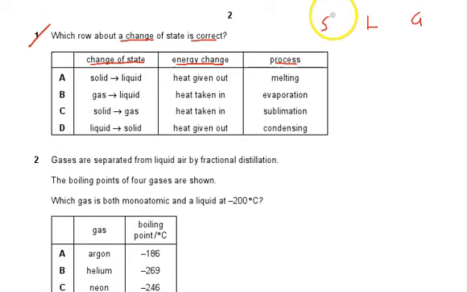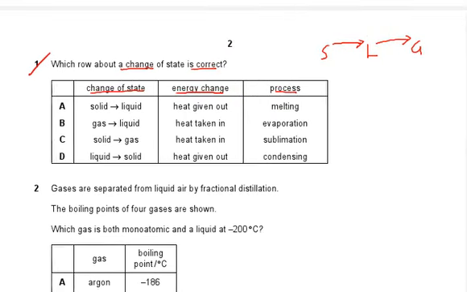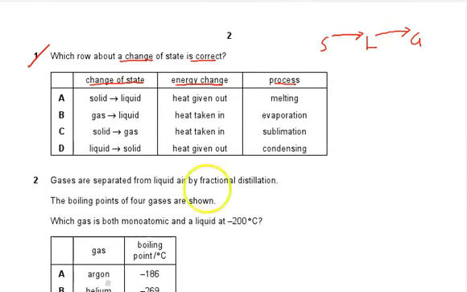When going from solid to liquid and liquid to gas, always remember the heat energy is being absorbed. And gas to liquid and liquid to solid, the heat energy is being released. So these are the processes.